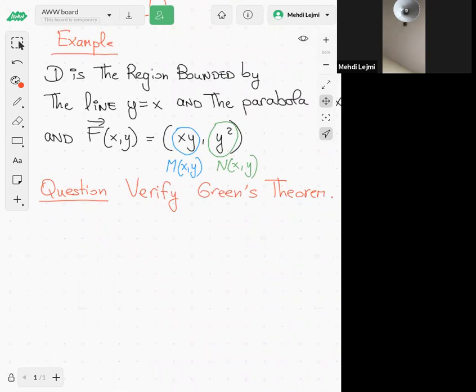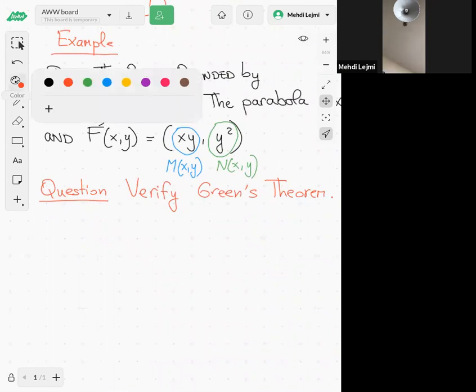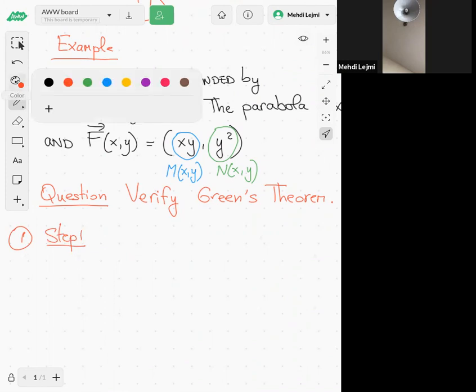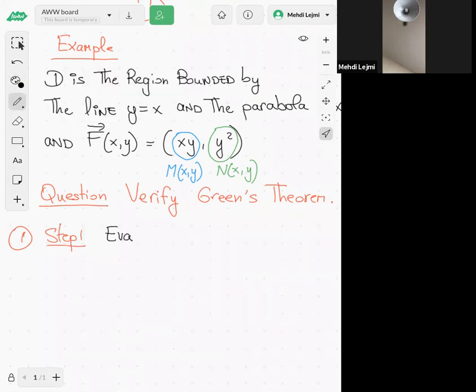In step one, I'm going to evaluate the left side of Green's theorem, this vector line integral along the boundary of D. And in step two, I'm going to evaluate the right side, the double integral.